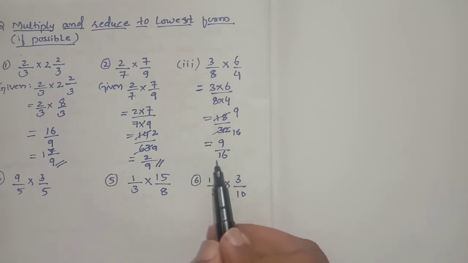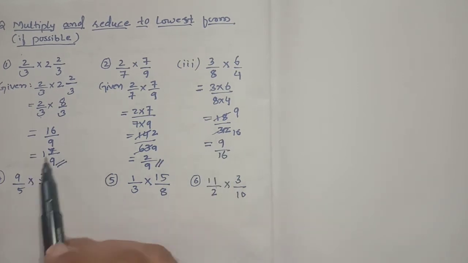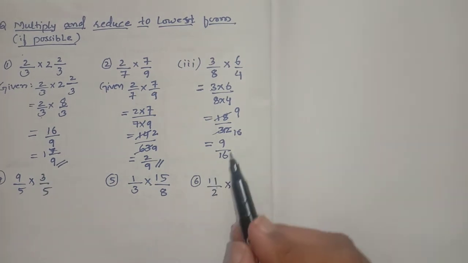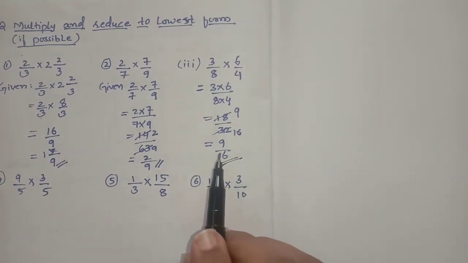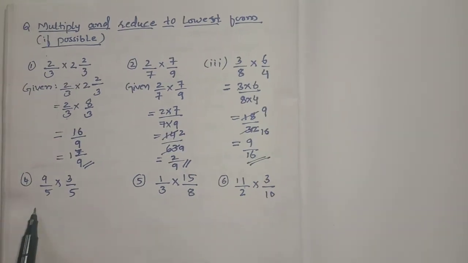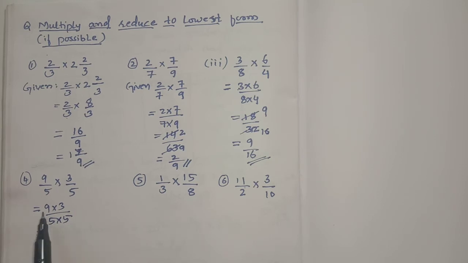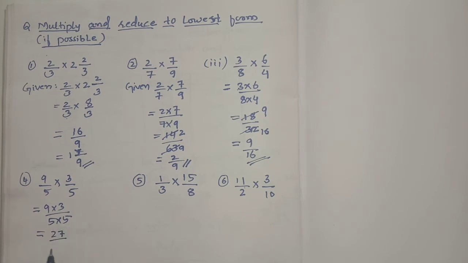This also further solution is not possible. We cannot reduce it to lowest form, or we cannot reduce it to improper fraction, student. So this will be our answer for this question. Next question. Numerator into numerator, 9 into 3 divided by denominator into denominator, 5 into 5. 9 3s are 27, 5 5s are 25.